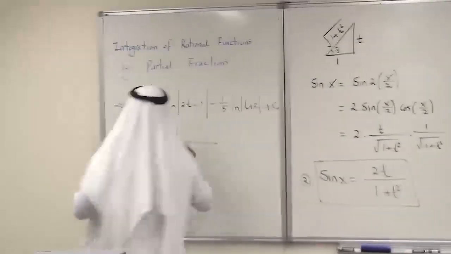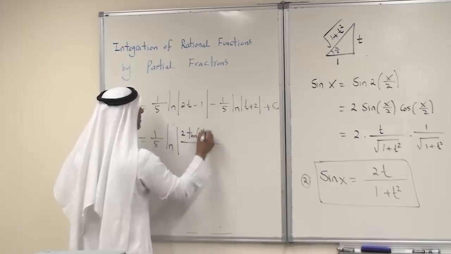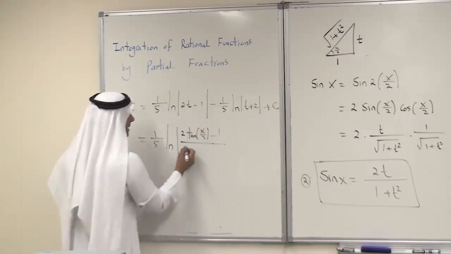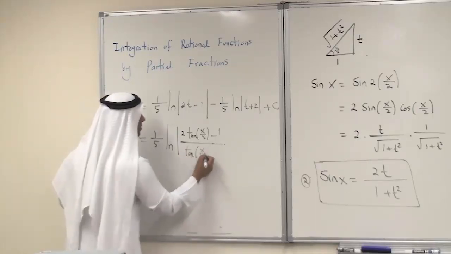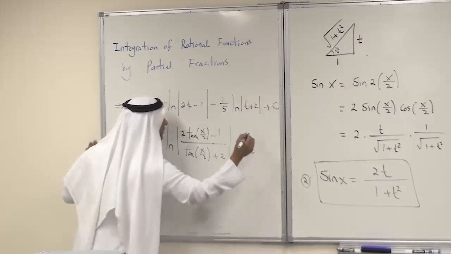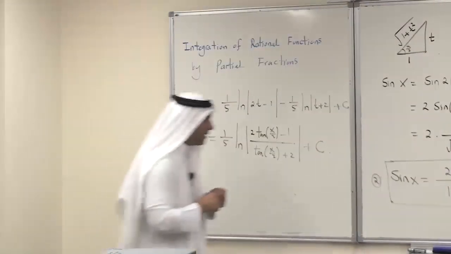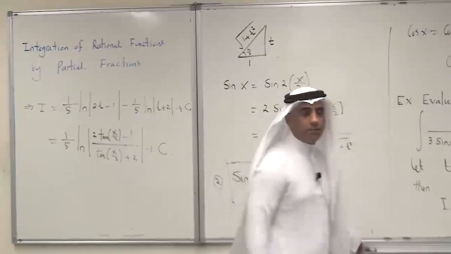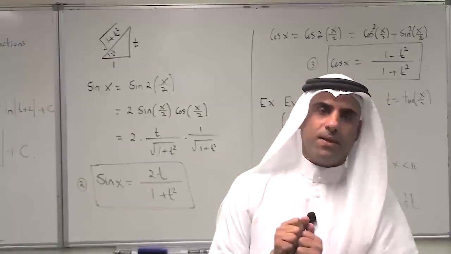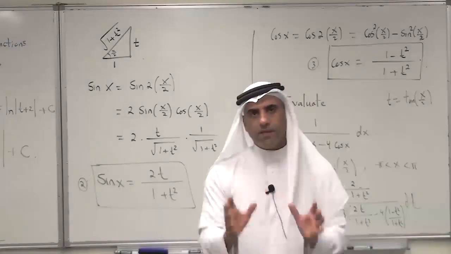So what we have here is 2 tangent of x over 2 minus 1, all over tangent of x over 2 plus 2, all plus constant of integration. So this is another interesting type of integral, which can be treated by partial fraction after making a specific substitution. This will completely finish the discussion of partial fraction.